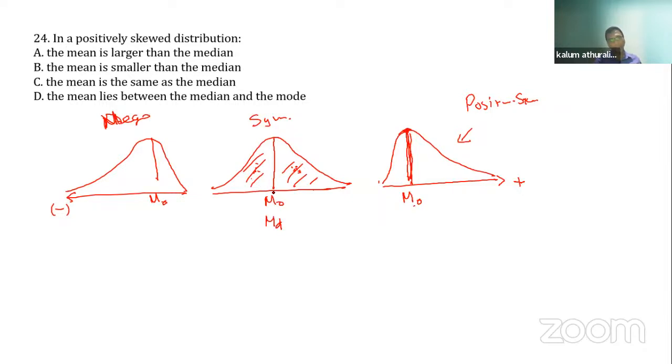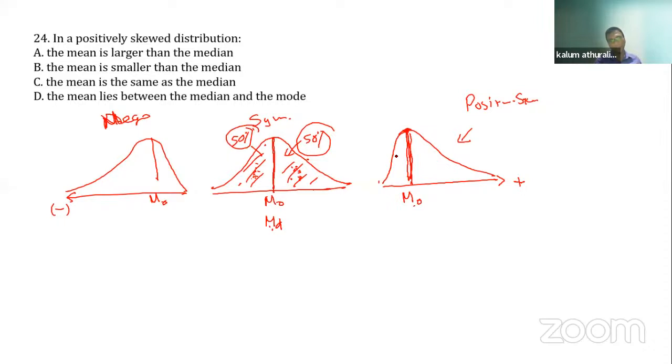Median is the middle value. But the middle is close. These two areas should be equal. Here is also 50%. Here is also 50%. That means 50% of the data is on the left hand side, and also 50% on the right hand side. This is called the median value.